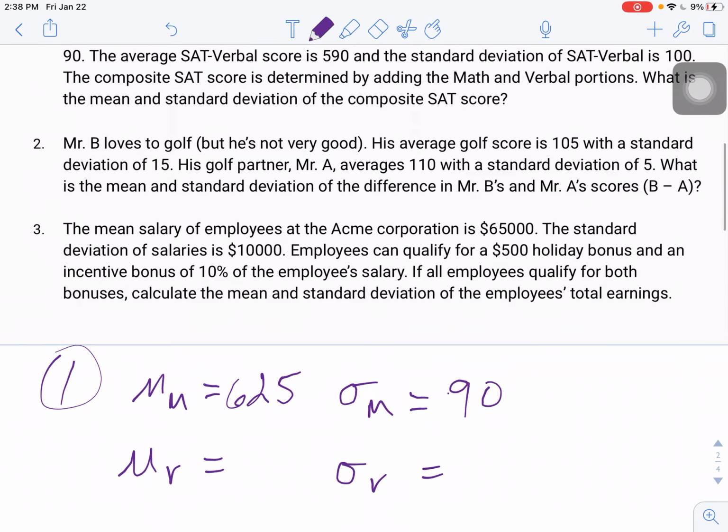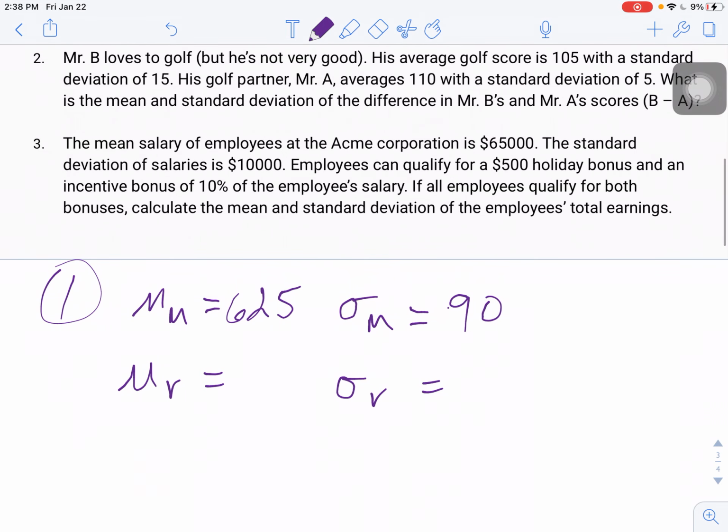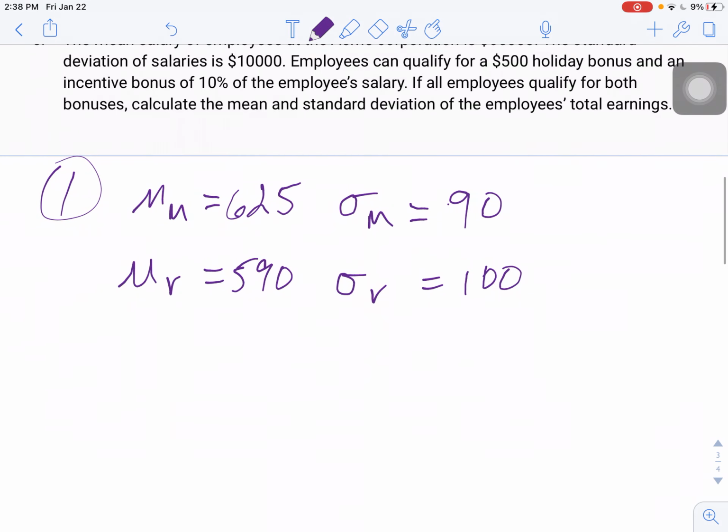The mean of the verbal is 590 with a standard deviation of 100. Basically, what we're trying to figure out now is the composite mean and the composite standard deviation. To get the composite score, you just add the verbal and the math sections.